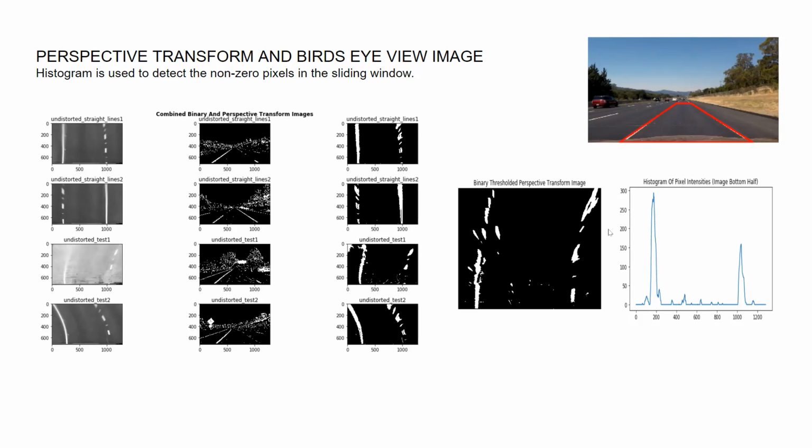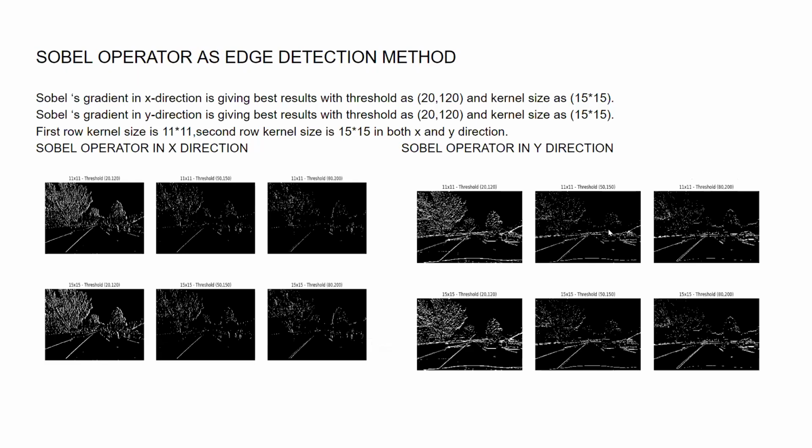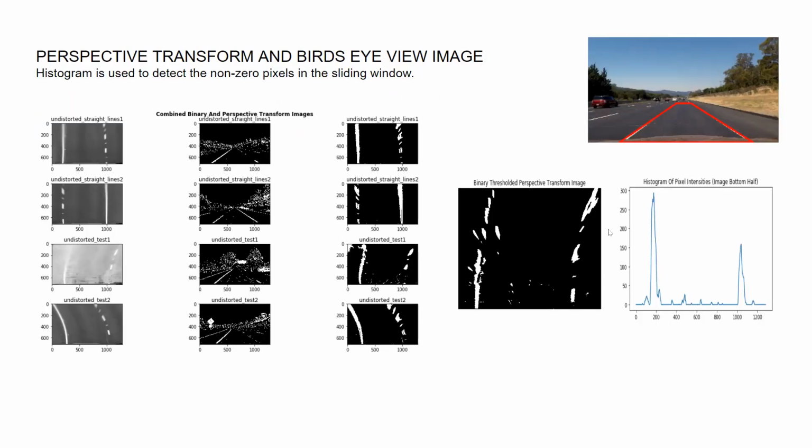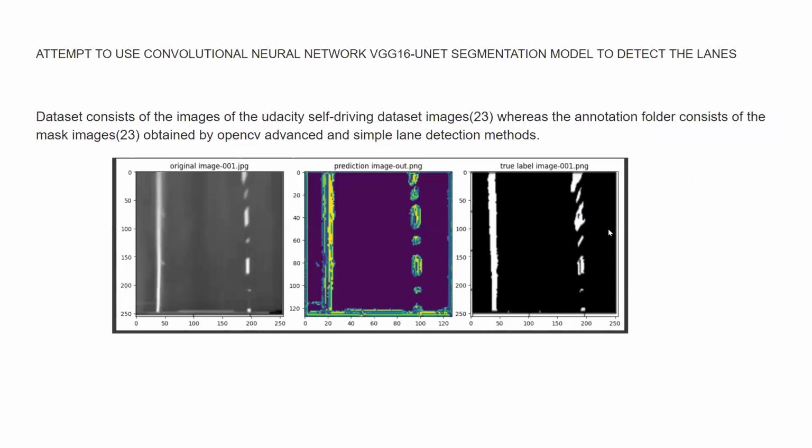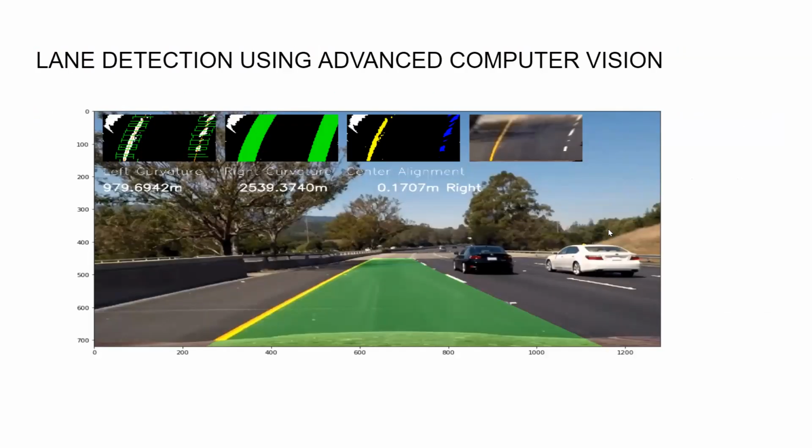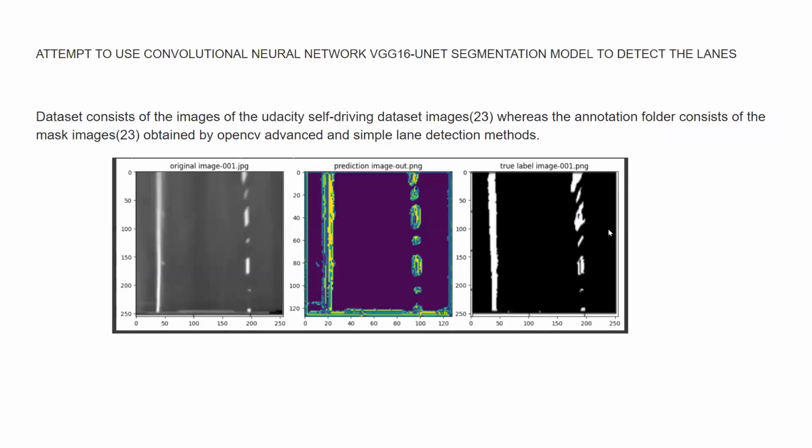So this is a better method of detecting the lane lines. This is a snippet of lane line detection using the advanced computer vision method.